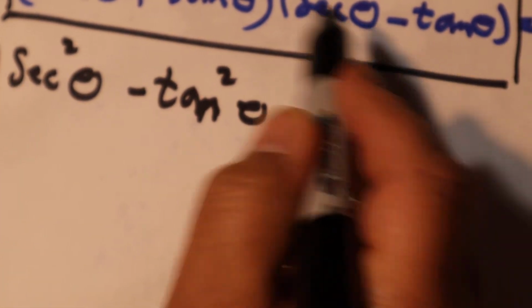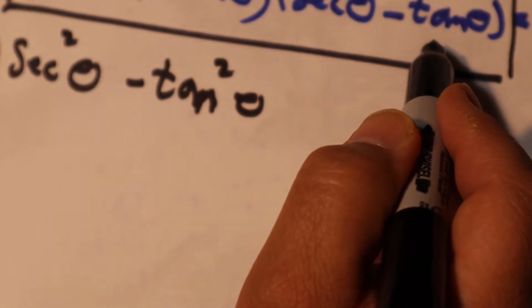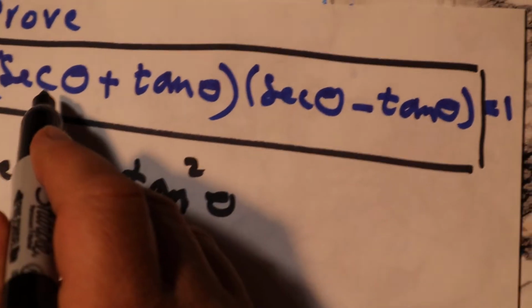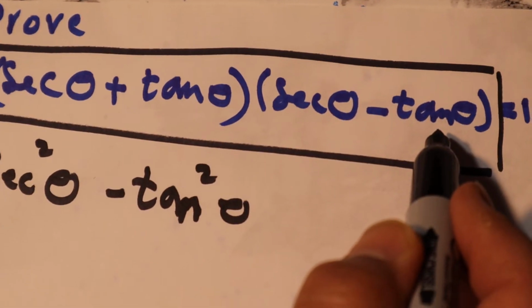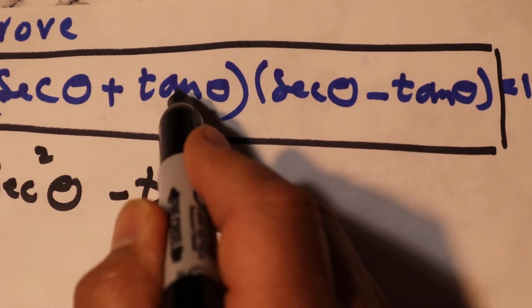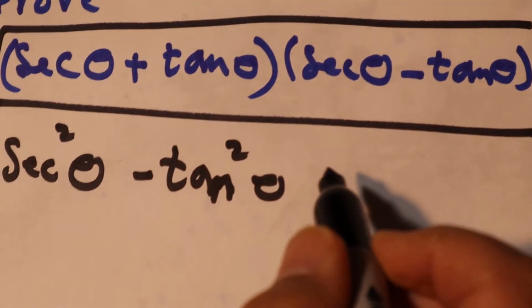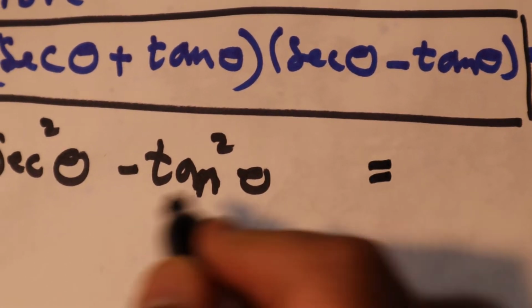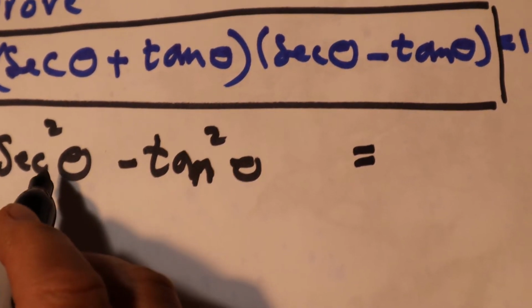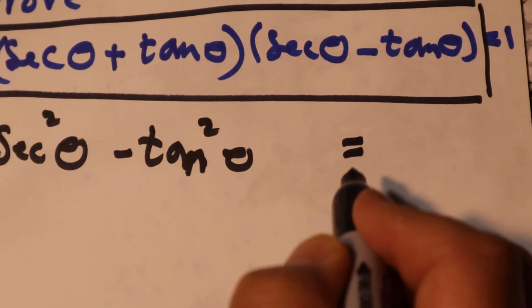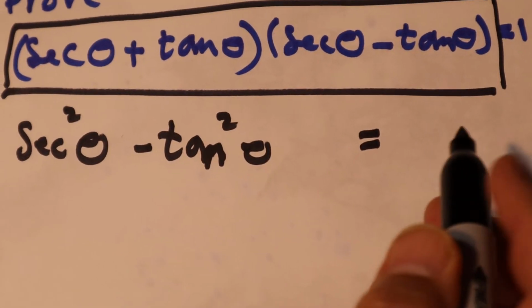And if you cross, secant times negative tangent and positive tangent times secant would be cancelled. Secant tangent with negative sign and secant tangent with positive sign, it will be cancelled. So what's left? Secant square minus tangent square, we should have it equals 1.